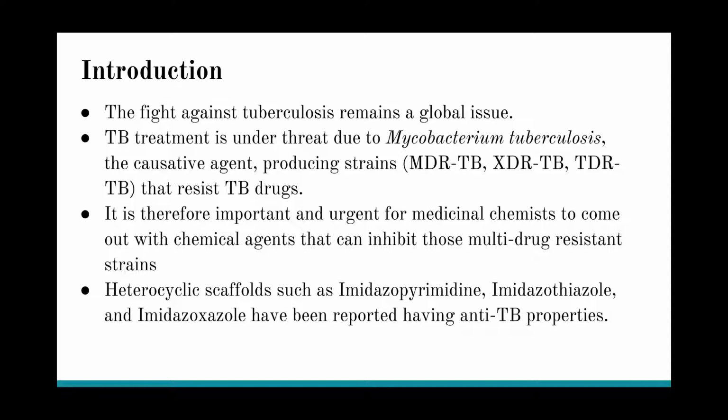TB infections can be categorized into two ways: latent and active TB. Active TB is when someone is infected and, because of a weak immune system, the person can transfer the infection to other people. Whereas with latent TB, the immune system of the person is very strong, so it stops the spread of the TB from one person to another, but the person still has the infection.